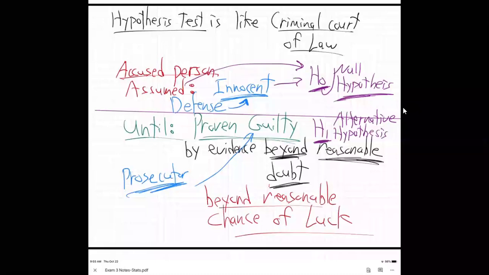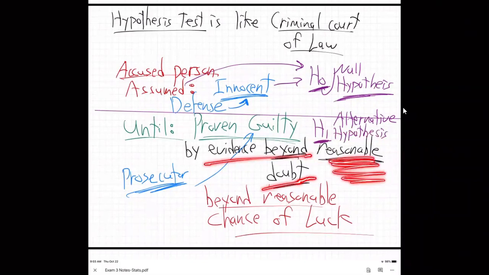Because the fact is, luck could always get in there, right? You understand why in a court of law they say beyond a reasonable doubt? Why do they use the word reasonable?